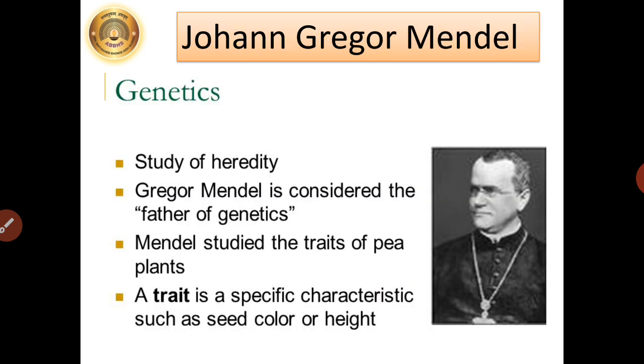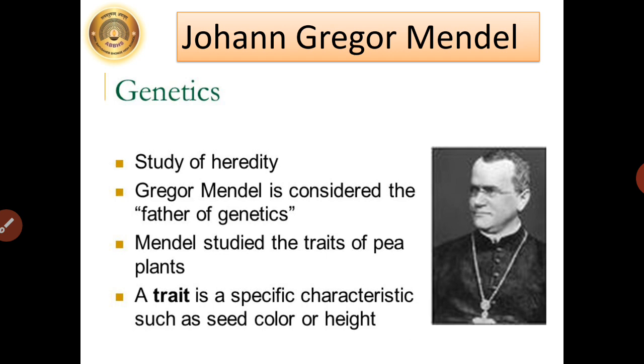In standard 9th, you have already studied about Johann Gregor Mendel. He has done many experiments on pea plant and has given the laws of inheritance. So, the study of heredity is known as genetics, and Johann Gregor Mendel is known as father of genetics.